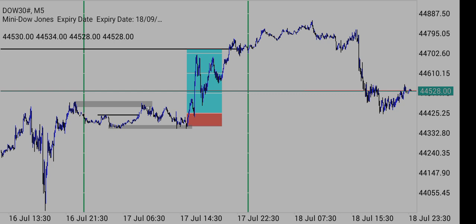Because when you go into backtesting mode, you will see your mistakes, you will see when the sweeps are happening, where the liquidity is resting, and many other things.